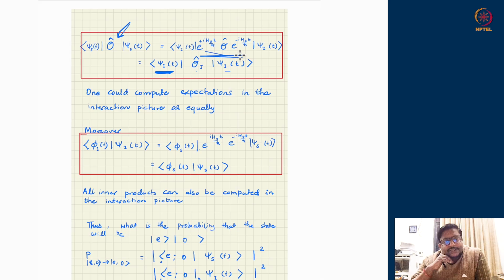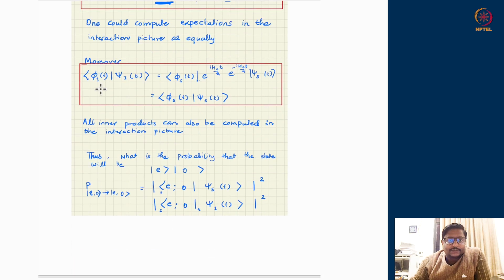So all the expectation values can equally be computed in the interaction picture or in the Schrodinger picture. And similarly, all the inner products as well can be computed either in the interaction picture or in the Schrodinger picture. Both of them have the same information.